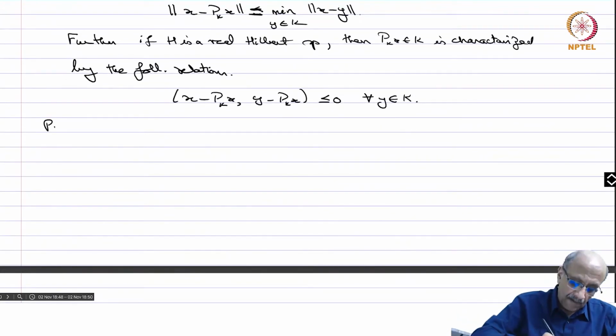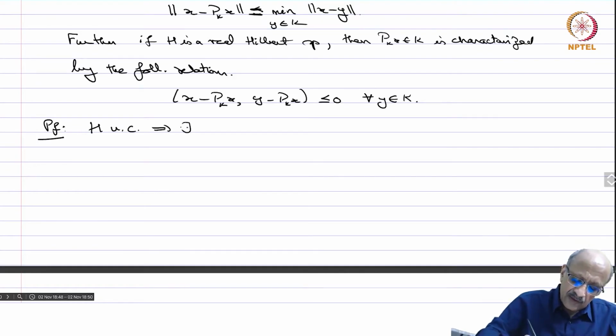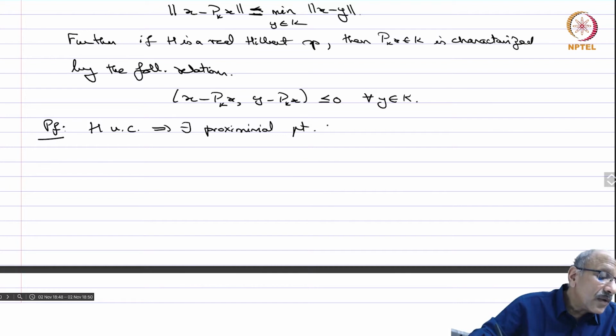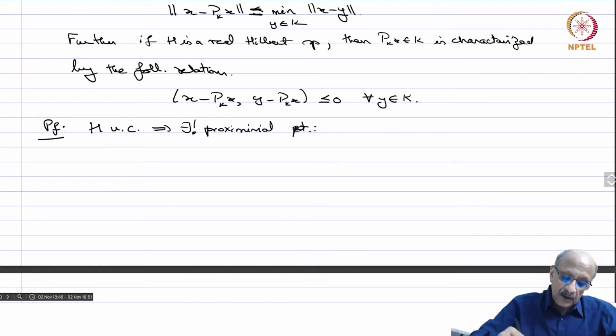So proof. H is uniformly convex, which implies there exists a proximinal point. That means there is existence and uniqueness of the proximinal point. Okay, so that we have already shown. So we only have to show that the characterization holds.